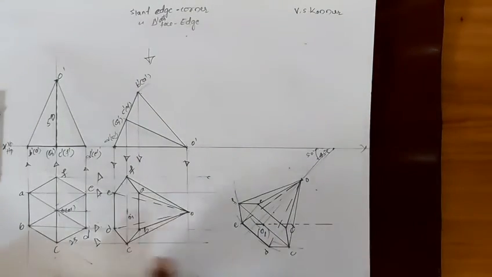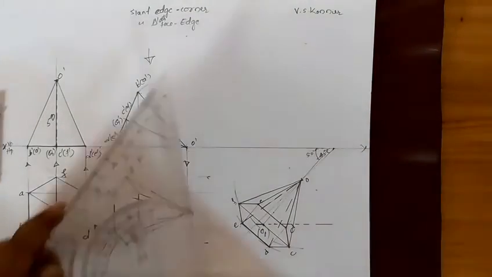So this is the third position on the 50 degree line. The axis does not appear to be inclined.